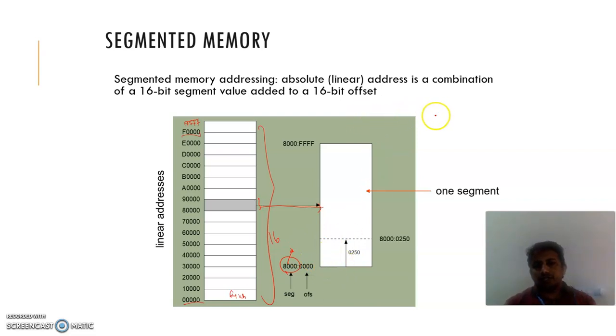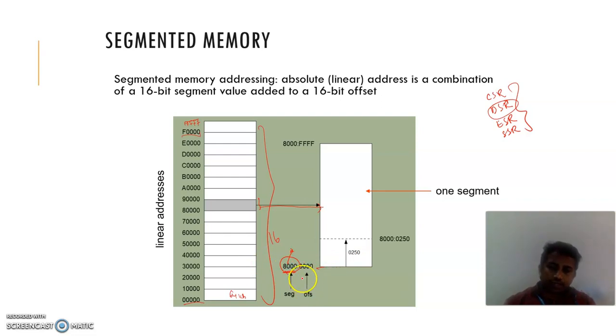You will be having 4 segment registers as we have seen in the previous video on register organization: code segment register, data segment register, extra segment register, and stack segment register. One of these registers will be used to represent the starting address of the memory segment.